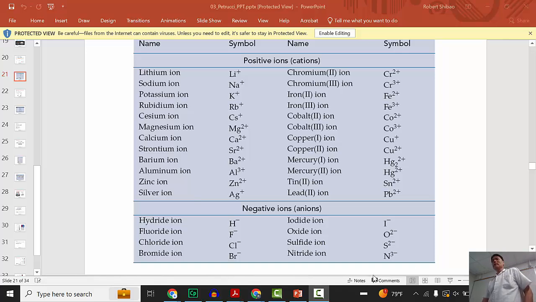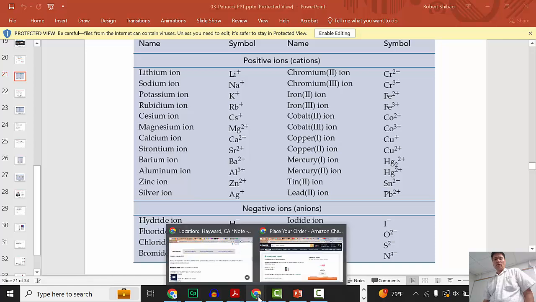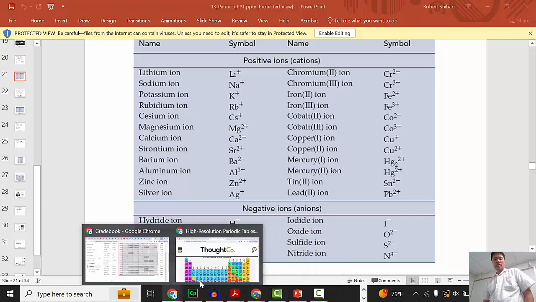Do you know what group it is in the old style? Yes. Group 2.